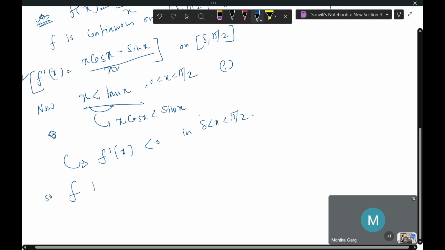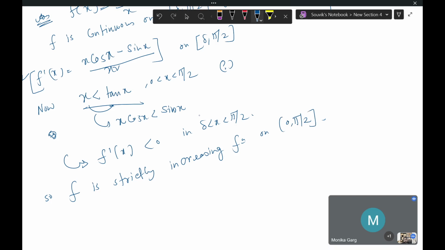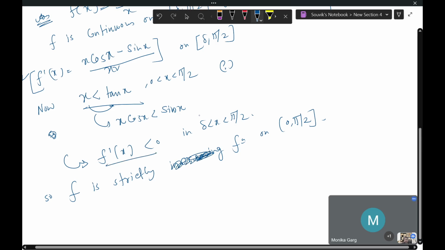So f is strictly increasing on the open interval (0, pi by 2). Increasing is a mistake again. It's decreasing because f' is less than 0, right?